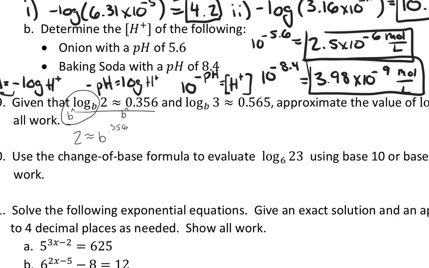And then what we can do is raise this whole equation to the 1 over power. So I'm going to have b is about equal to 2 to the 1 over 0.356. And then I'm going to put that in my calculator. 2 raised to the parentheses 1 divided by 0.356, close parentheses, and I'll get b is about 7.